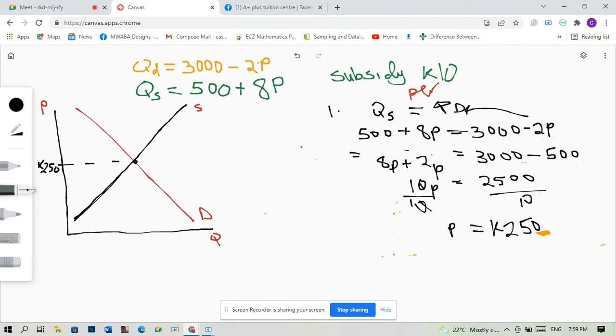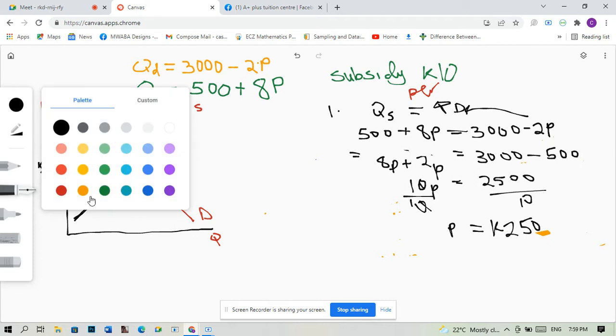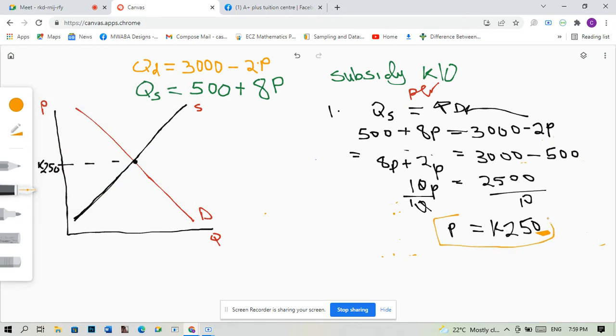Right, now we're going to calculate the equilibrium quantity. So what we're going to do is substitute 250 for P in any function which we choose. Both functions will give us the same answer. So we're going to substitute it into the demand function.